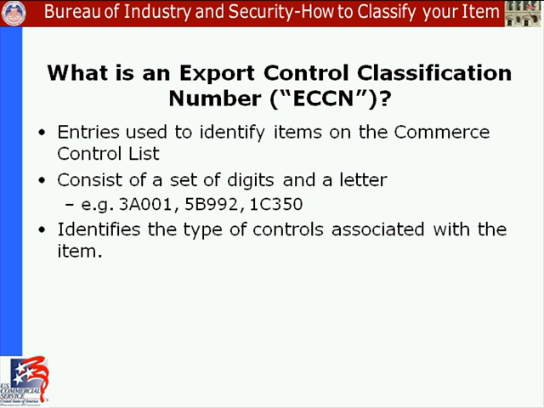And all these are dual-use items. When I say dual-use items, they have both military or nuclear, missile, chemical, biological weapons applications, and they also have commercial applications. So dual use means commercial and military or proliferation applications.